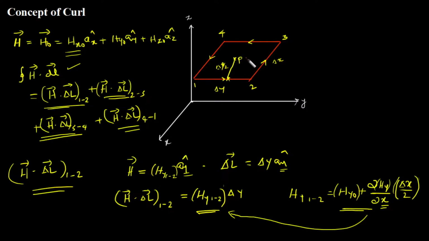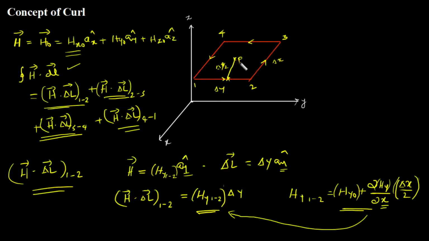Similarly, from point P to this line, how will I calculate? What is the initial value here? Hx naught plus the rate of change of Hx along y direction, because when you are traveling from point P to the path 2 to 3, you are traveling along y direction.